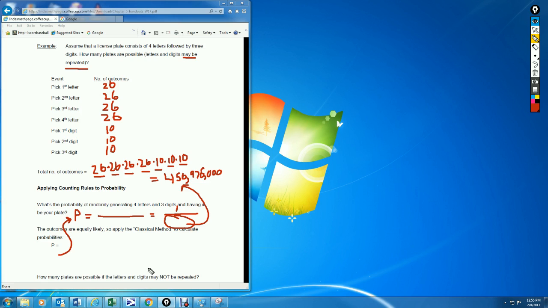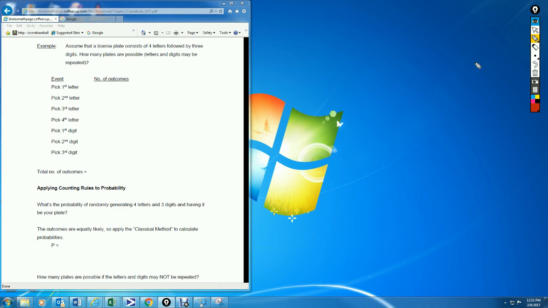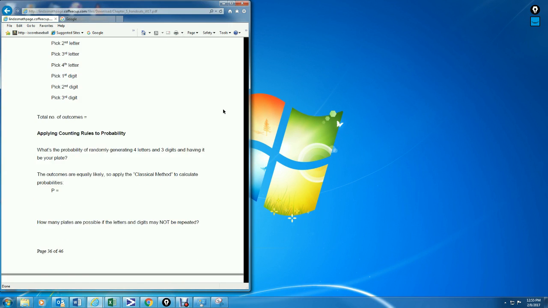One more question. How many plates are possible if the letters and digits may not be repeated? In other words, without replacement. Okay, so in this case, again, if we use the fill in the blank method, we've got letter, letter, letter, letter, digit, digit, digit, and then knowing that we're going to multiply all of these together.